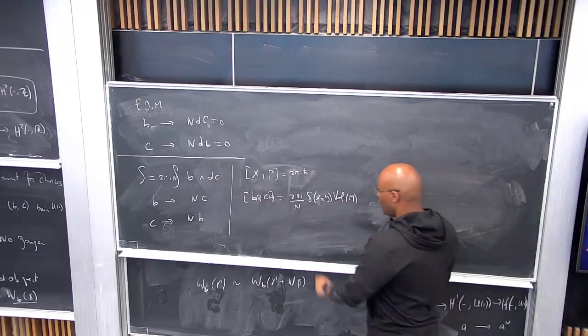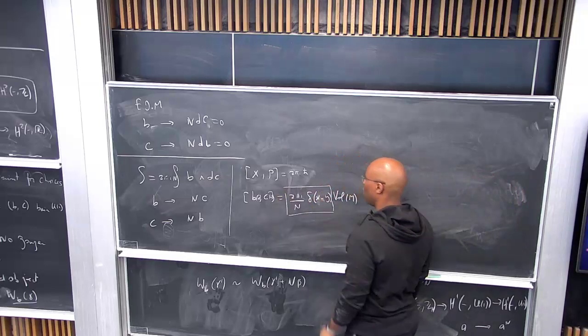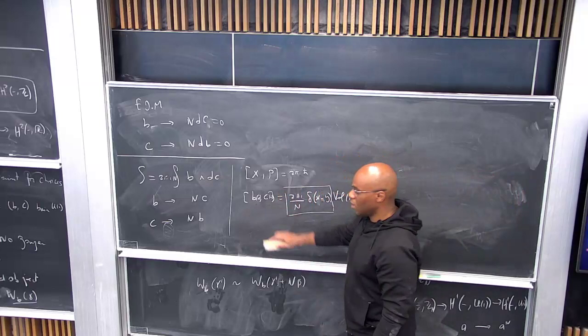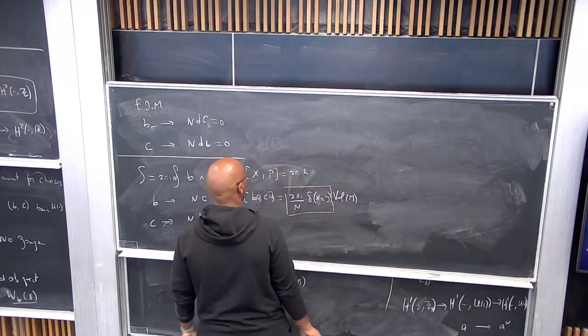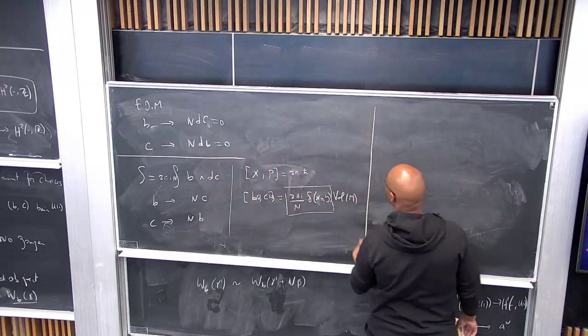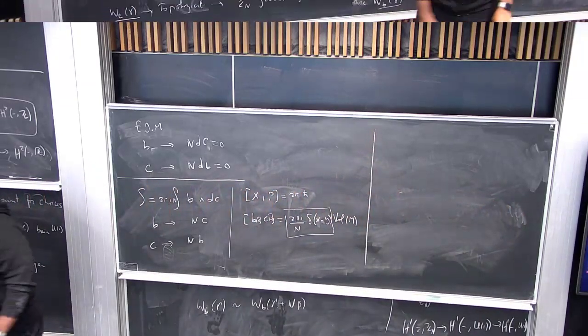So this is the canonical quantization condition that we have for these fields B and C. And from this condition, you now observe why we have this non-trivial group action here.